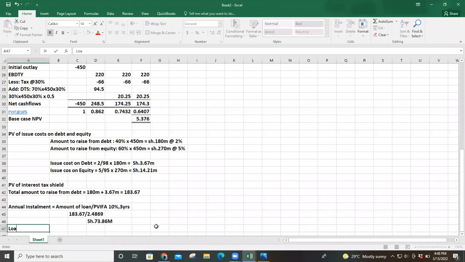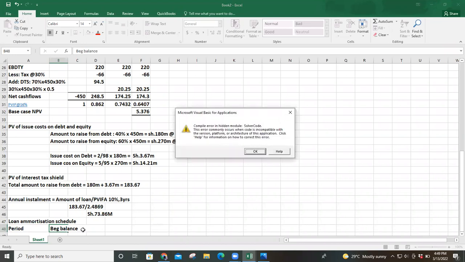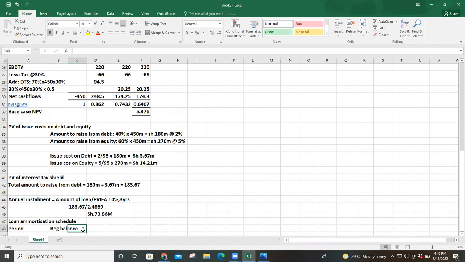So prepare the loan amortization schedule. This requires the period, the beginning balance, and the installment. The installment comprises two components.